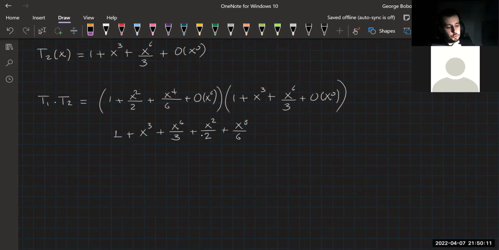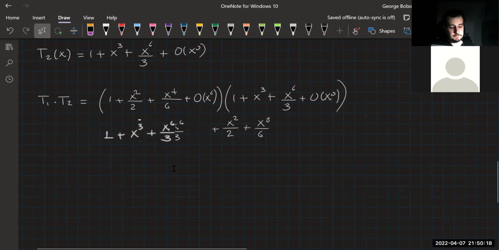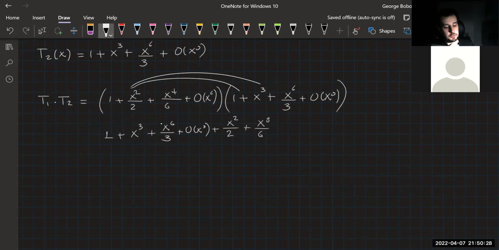Don't forget to do your O terms as well, because I just did. So this into that would just give me O of x to the 9. Okay. And then I started this multiplication here.